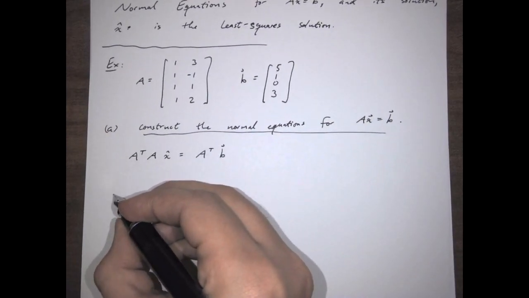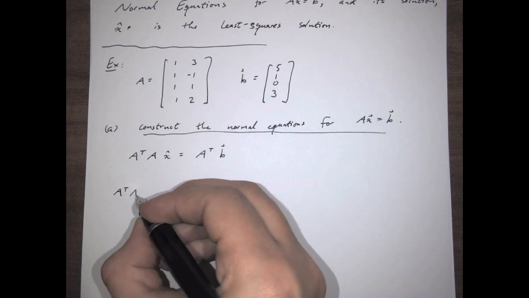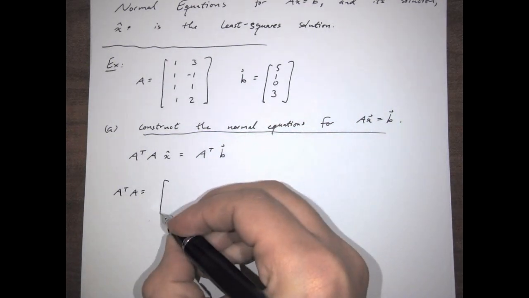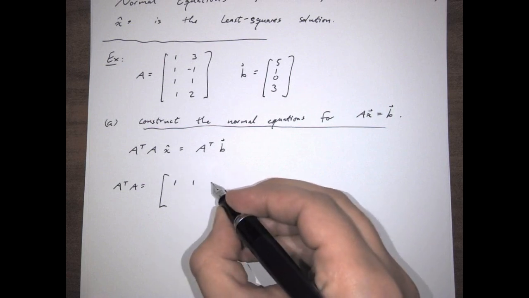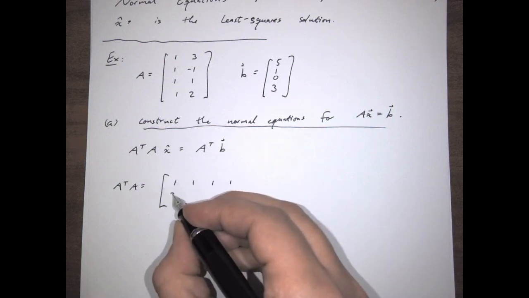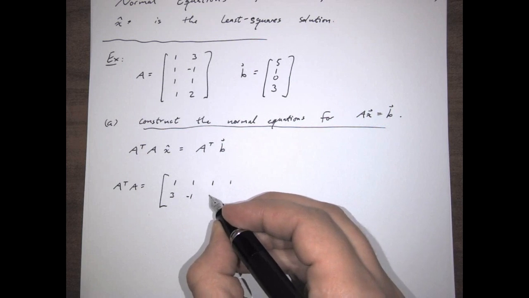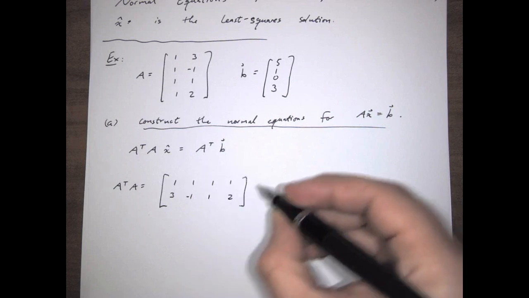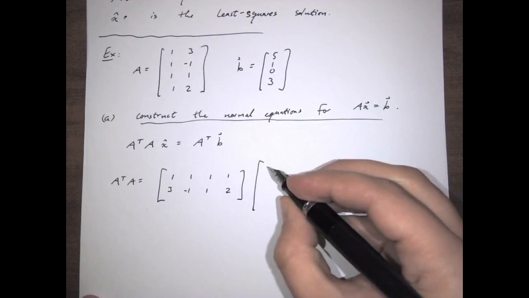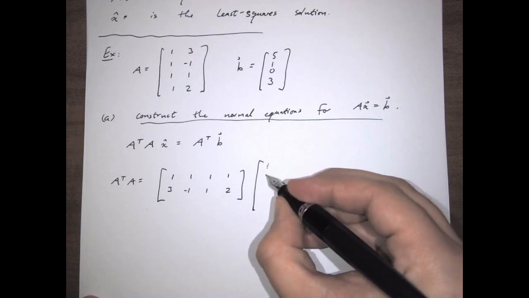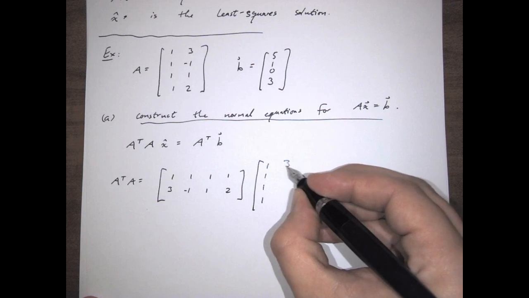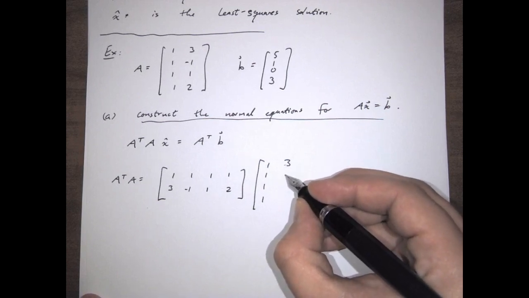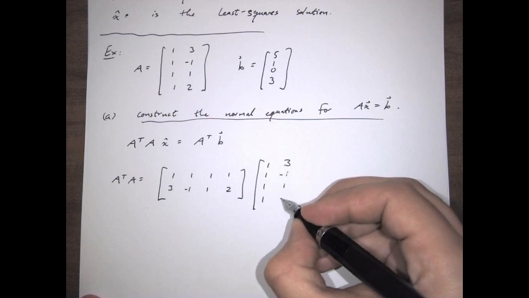A transpose A, if you recall, you just turn the matrix on its side: 1, 1, 1, 1, 3, negative 1, 1, 2, times, and as you saw last section, calculators also know how to take transposes, 1, 1, 1, 1, 3, negative 1, 1, 2.